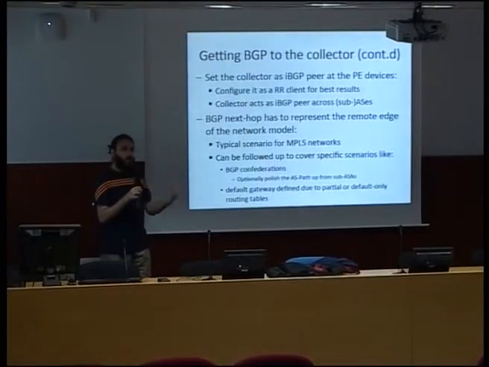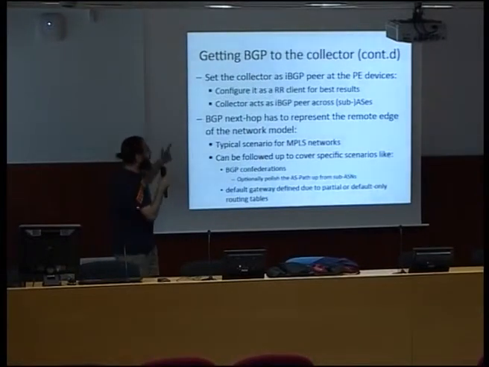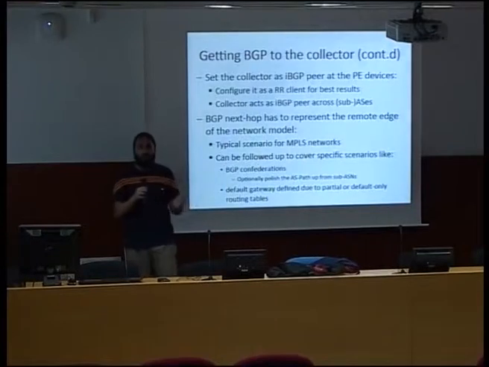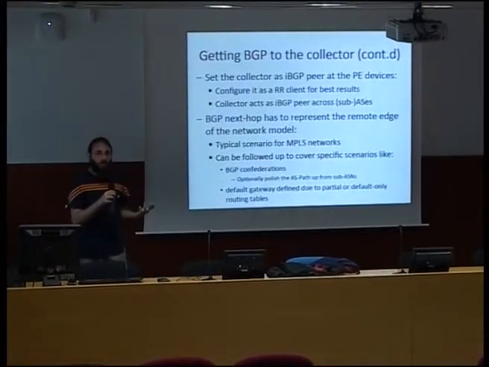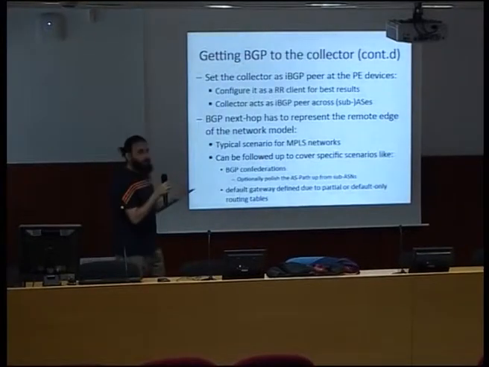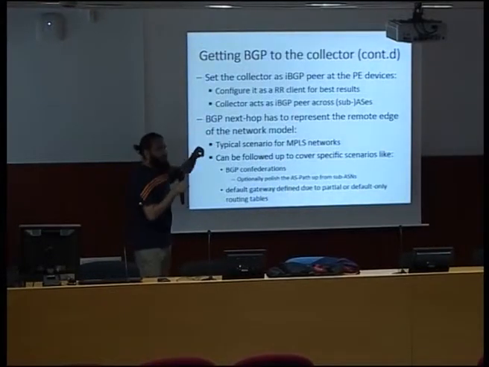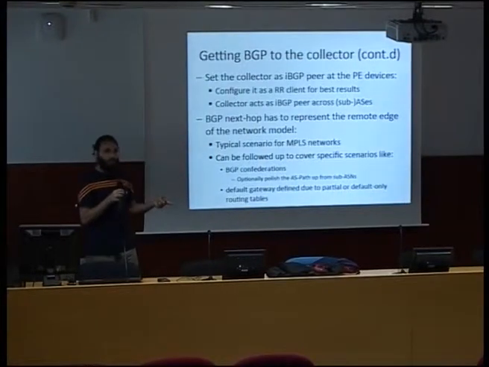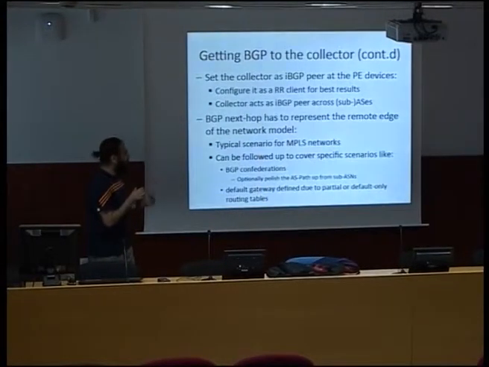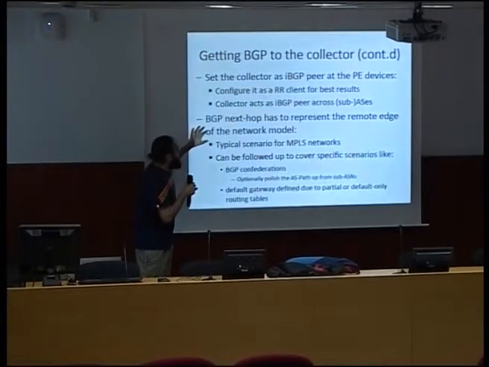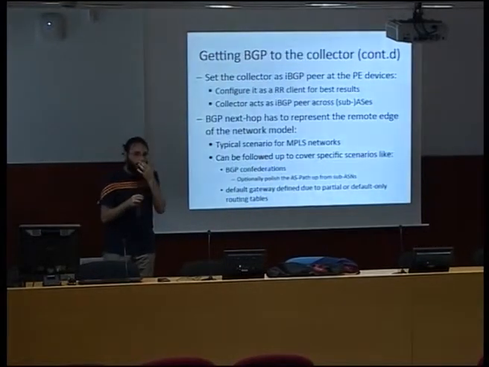That means a single pmacct can act as an iBGP peer across a big network where you have several ASs or sub-ASs. Sub-ASs means a confederated BGP system: it looks like one AS to the rest of the world, but inside you have several smaller ASs with typically private AS numbers.